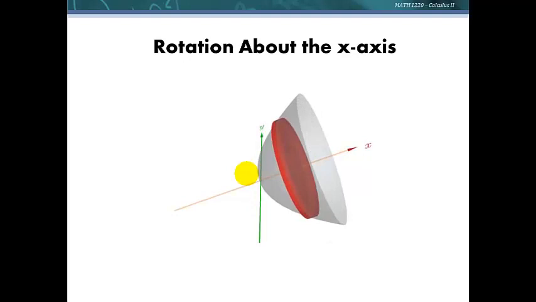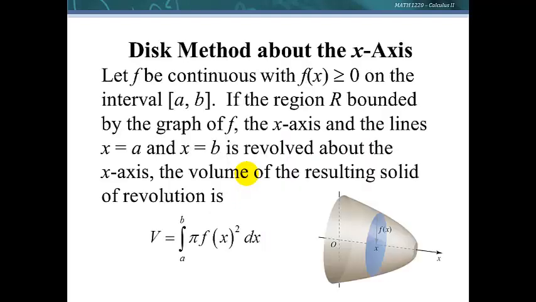So we have our pi r squared, and then we would multiply by the little thickness. So the disk method, if we're rotating around the x-axis: we've got a continuous function f of x greater than or equal to 0, and we're looking on the interval from a to b, and the region bounded by the graph of f, the x-axis, and the lines x equals a and x equals b is revolved around the x-axis.